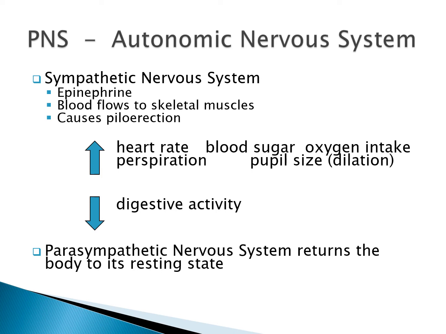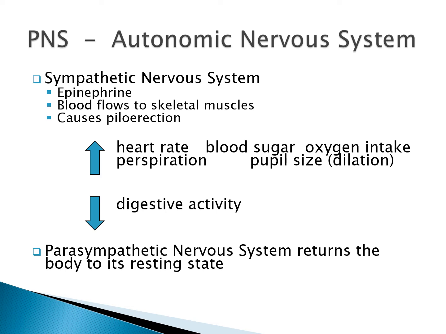While the parasympathetic nervous system does increase digestive activity and decrease heart rate, it does not communicate to the sweat glands or to the adrenal gland, so it's not exactly the opposite, but you can think of it as returning the body to its resting state.